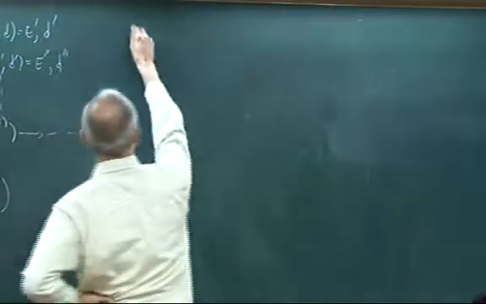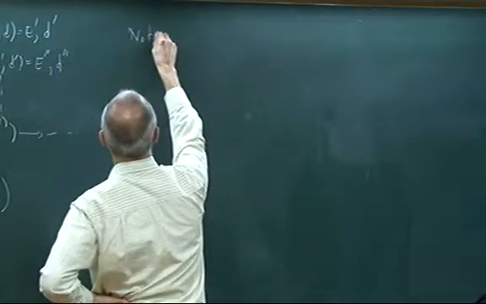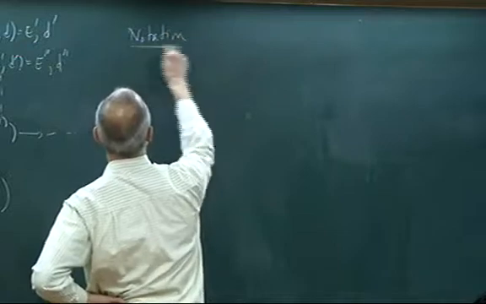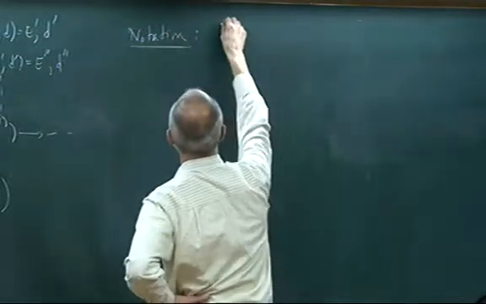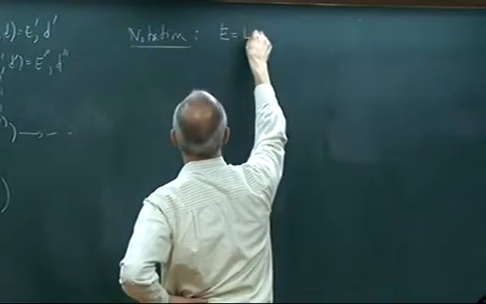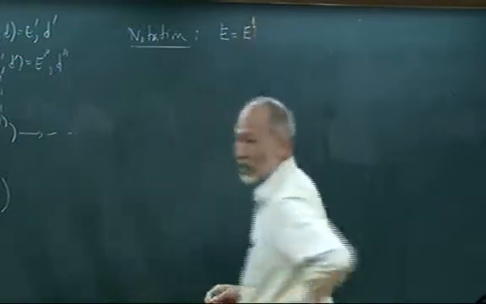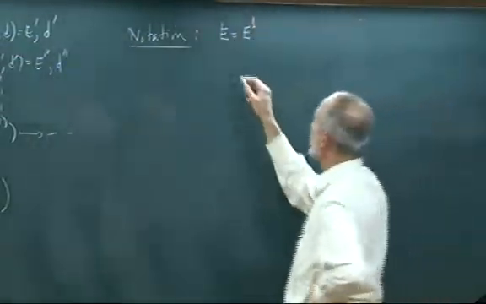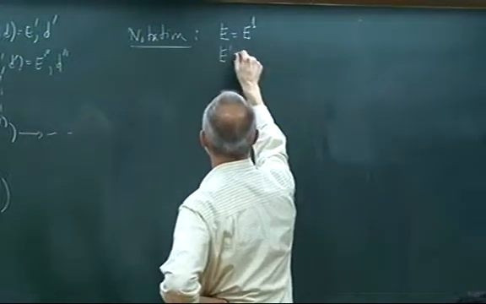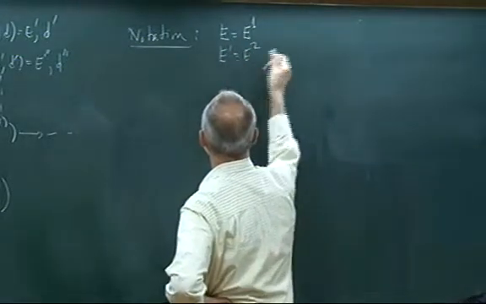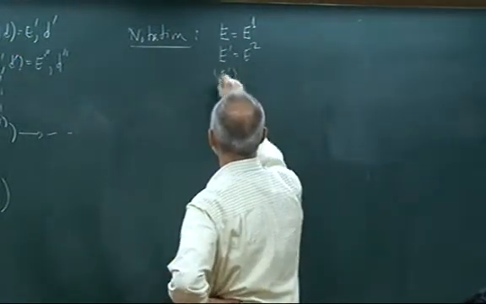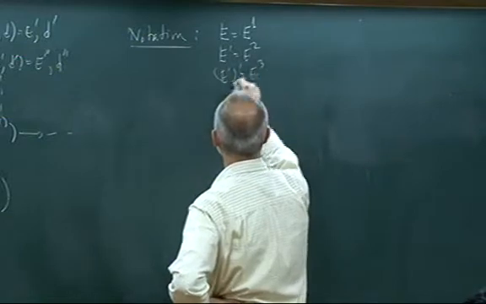So let me introduce some notation. Since I'm taking successive homologies, we'll let E be the first of these, and then we'll let E prime be the second, and then E prime of E prime is E3.